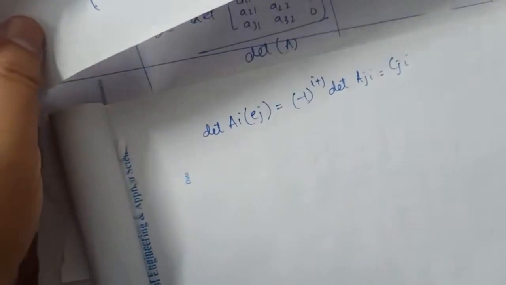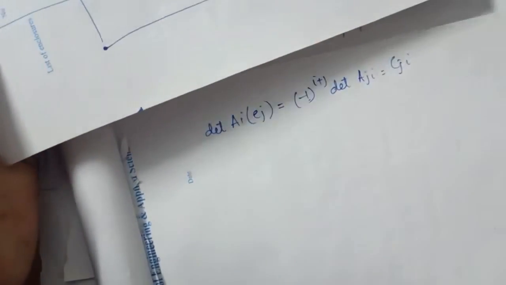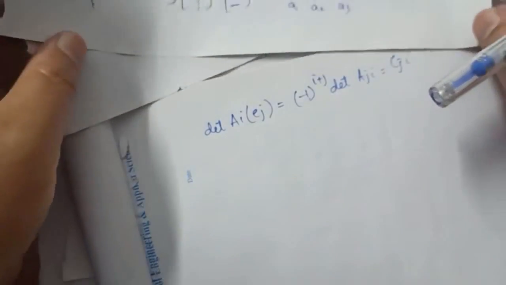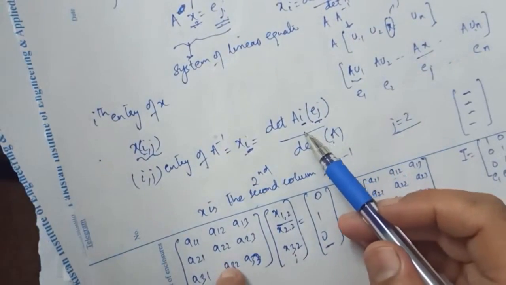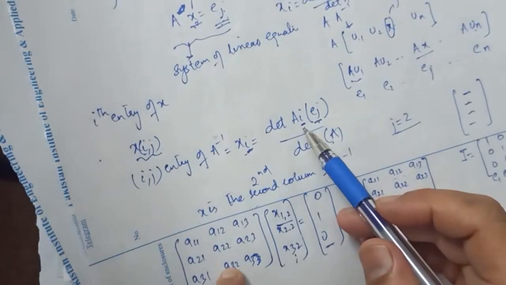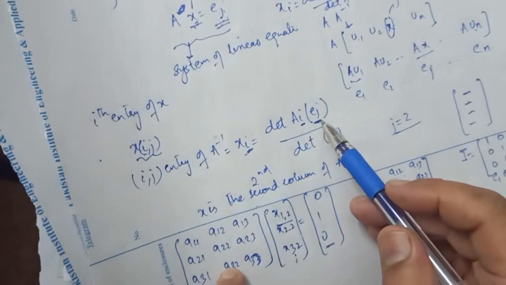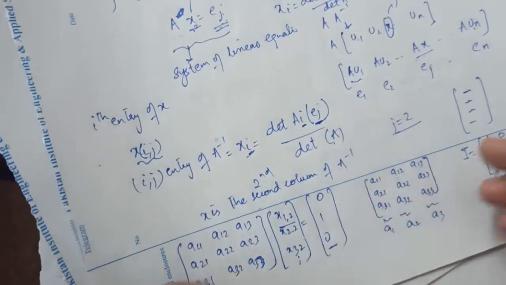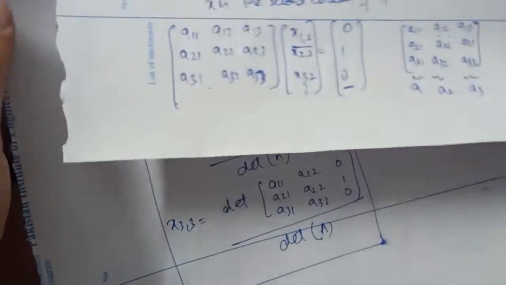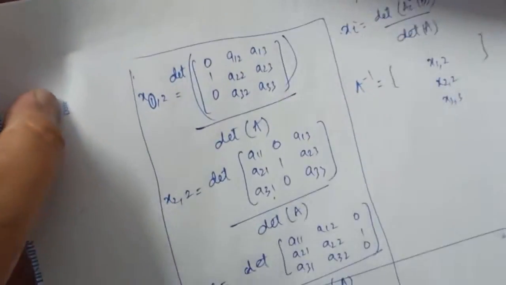Okay, now you can see from that calculation we just did that the determinant of A_i(e_j) means replacing the ith column of A with the jth column of the identity matrix. If I do that, for a 3 by 3 matrix, I have a form like this.